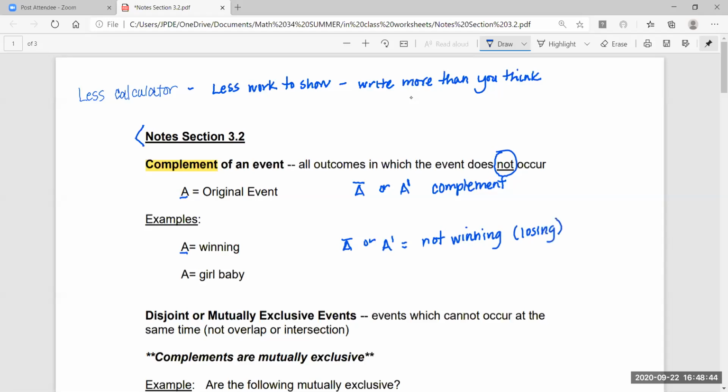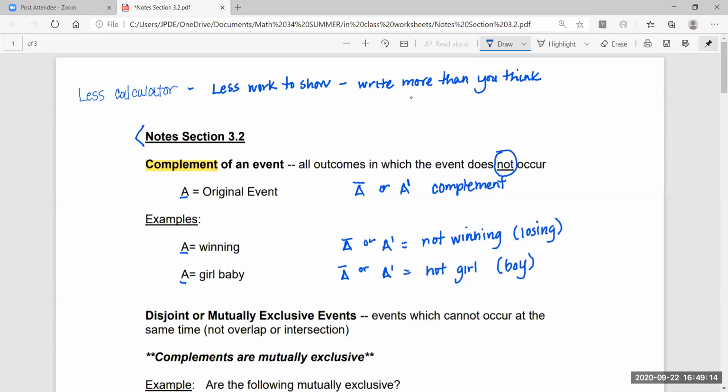You could probably debate, well, maybe you tied, but we're just going to say not winning would be the complement for winning. And here, if our event was having a girl baby, then the complement, which again could be A bar or A prime, would be not having a girl. Well, if you don't have a girl, that means you have a boy.